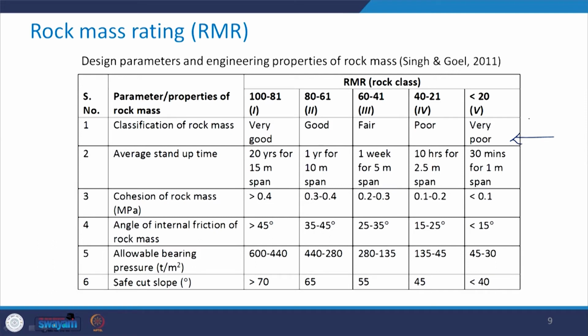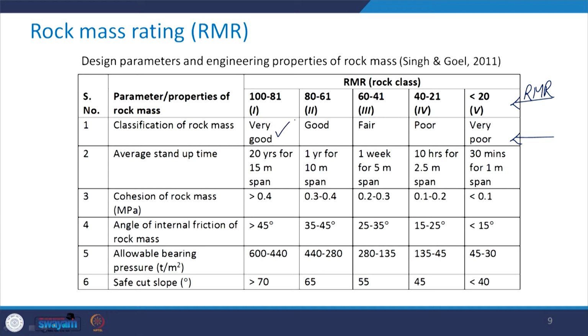Have a look at this column and this column. The first one gives you the value of RMR, and the second one gives you the corresponding classification of the rock mass. So, if the value of RMR works out to be between 81 to 100, this falls under the category of very good.